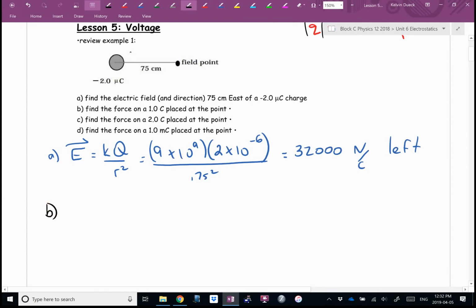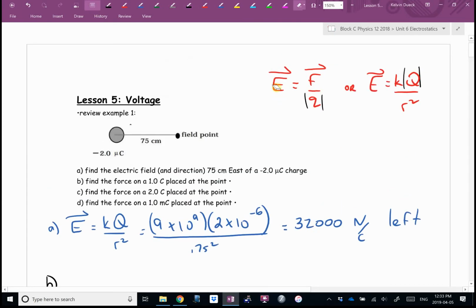Now, my first thought for force was, don't write this down, well, maybe I could go K, Q1, Q2 over R squared. Wait. What did we find in part A? Is there a way to write electric field strength that contains force in it?